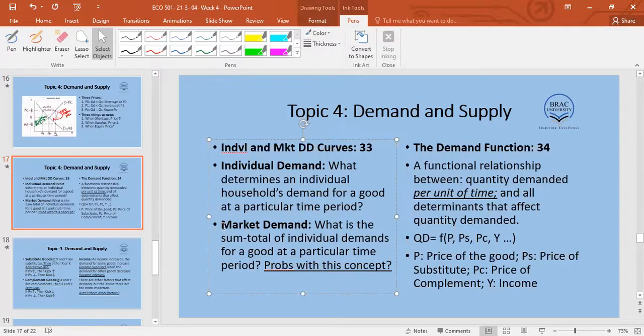In economics we are expressing the market demand, but there's a problem with this concept. When we add up people's demand and say that this is the total demand of the entire market, we are considering everybody with the same weight, right?